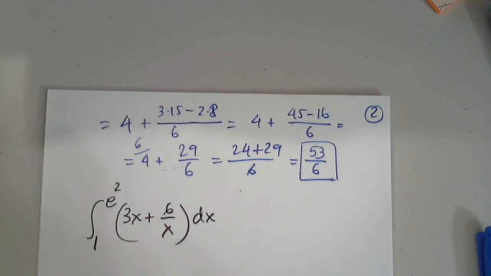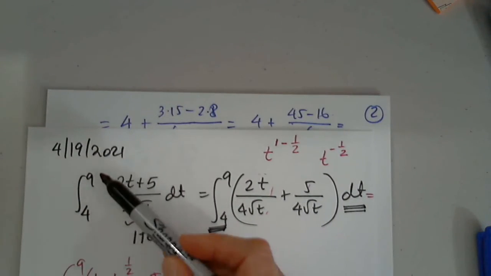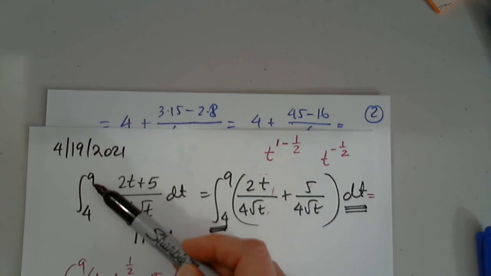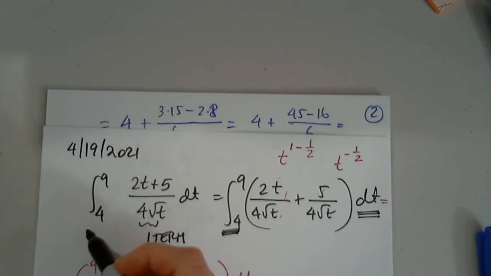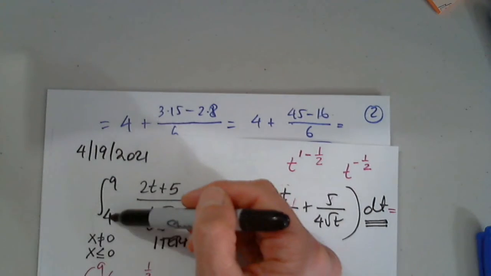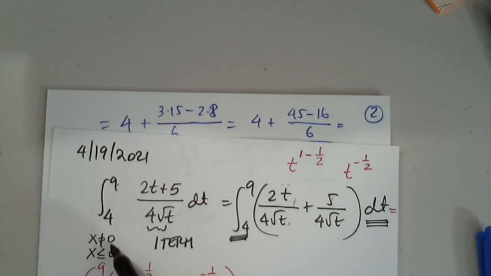In this situation, what I forgot to mention, and please always remember, we have to always check that this function is continuous on the interval. This function is not continuous only when x is 0 or negative, but the interval is 1 to e squared, so it has nothing to do with 0 and nothing to do with negative numbers.